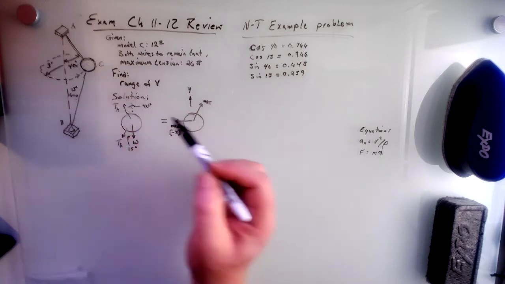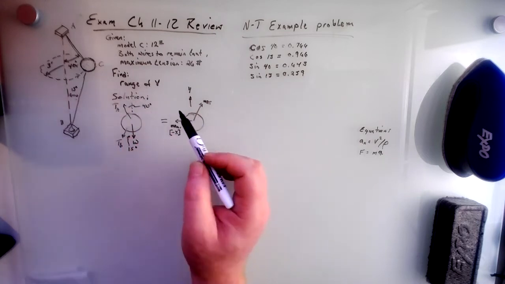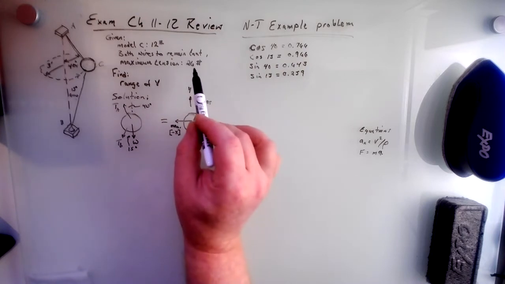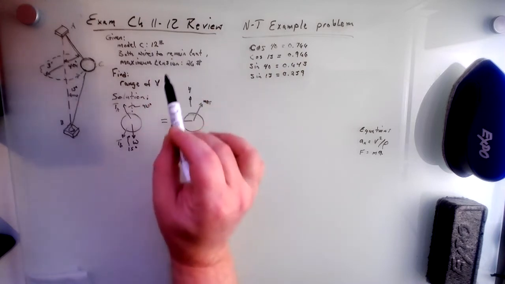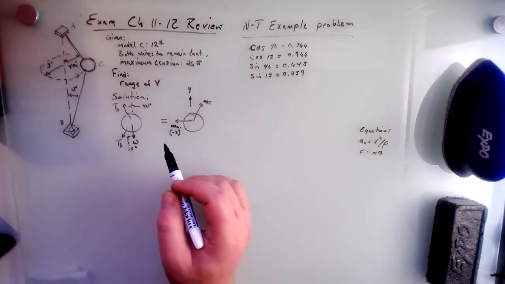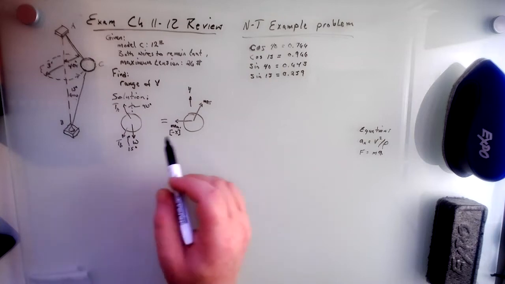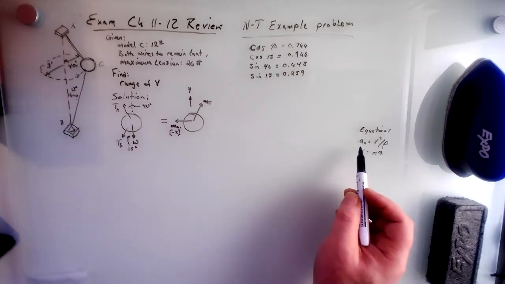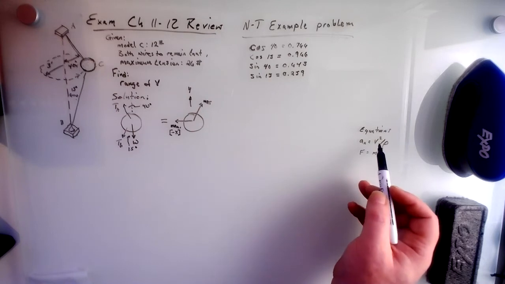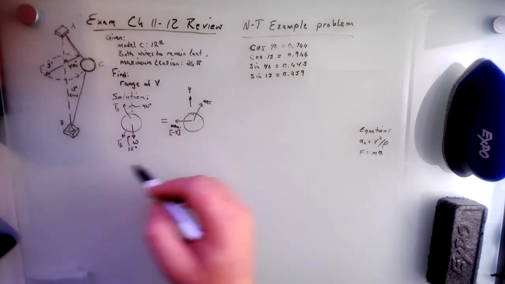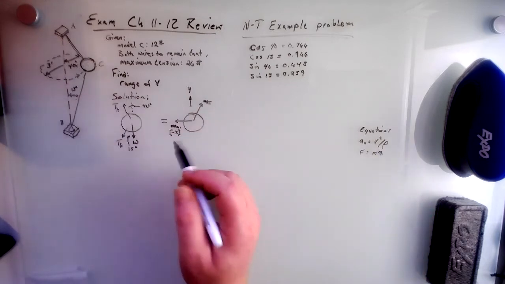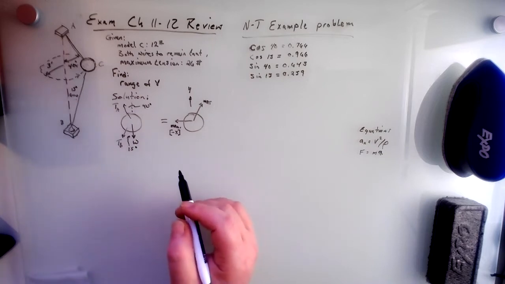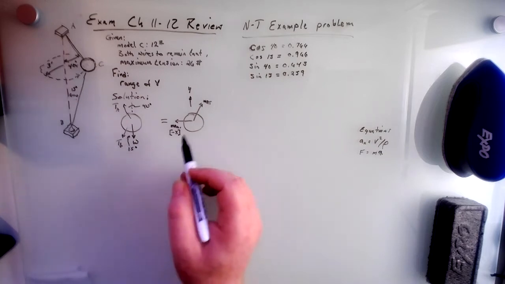We want the range of velocities, and we want the tensions, right? We have a given range of tensions. So we're going to end up looking at the normal acceleration because it gives us velocity, which allows us to bring velocity into this framework.